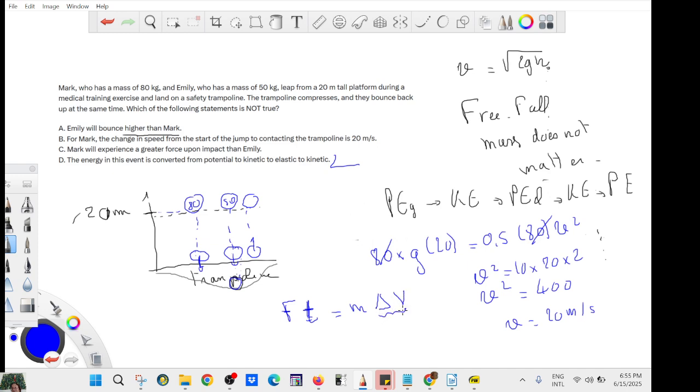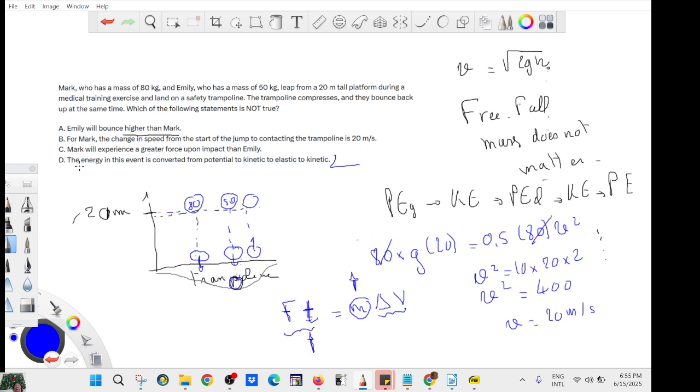The change in velocity will be the same for both, right? Because they start here with the same speed and then they stop. The mass here is larger, so the force here will also be larger, or the impulse will be larger.